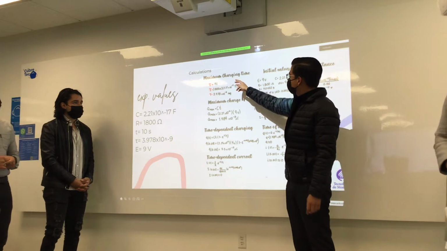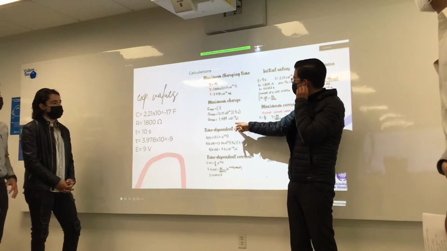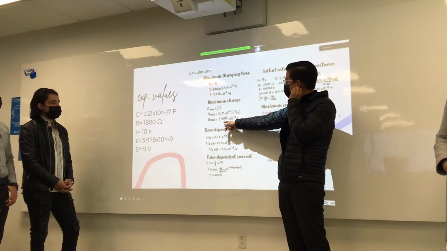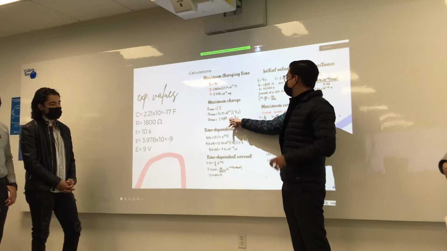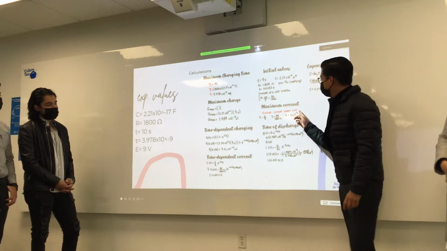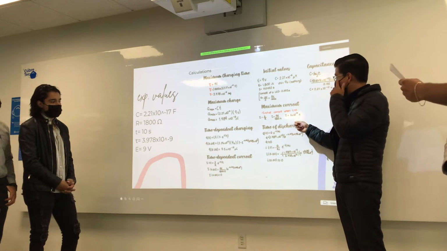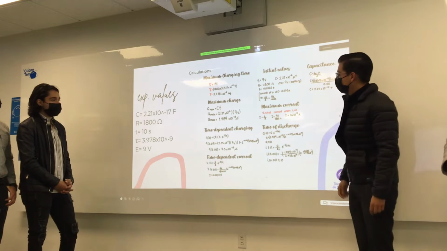First, we calculate the maximum charging time, tau. Then we calculate the maximum charge, that was 1.98 times 10 to the minus 5. And the maximum current, that was 5 times 10 to the minus 3 amperes.